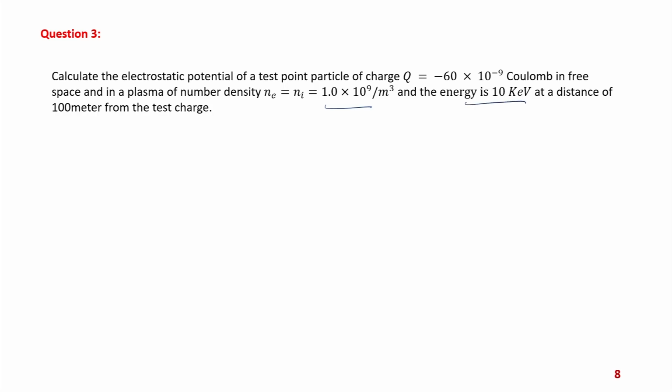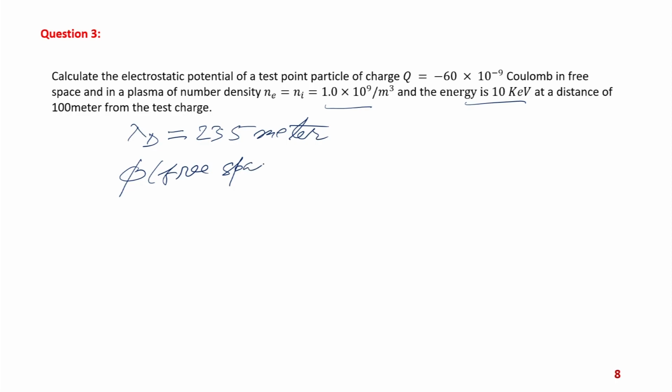Then you are asked to find the difference between the potential when the charge is in free space and when the charge is in the plasma. For this you have already calculated the Debye length; following the same procedure as the earlier problem, it is 23.5 meter.